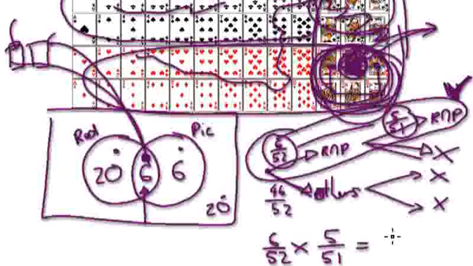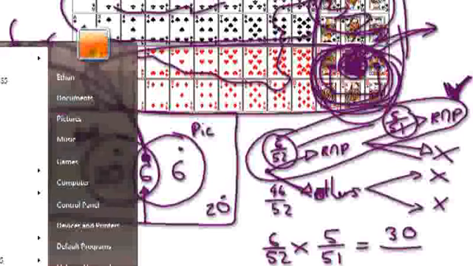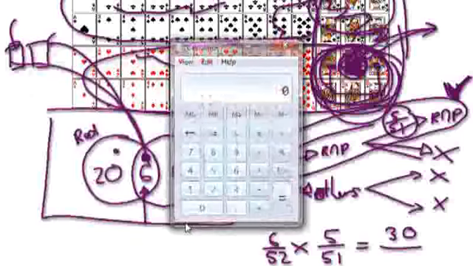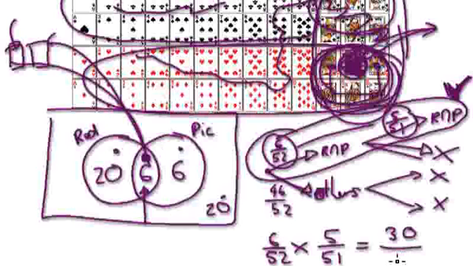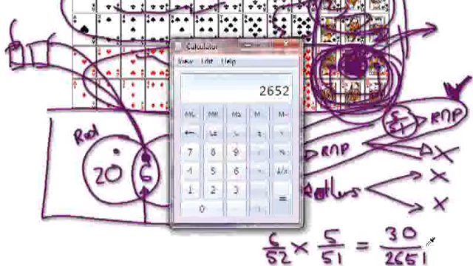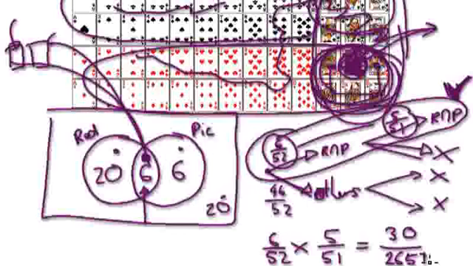So this would be 30 over, and jump to your calculator. We want 52 times 51, which equals 2652.